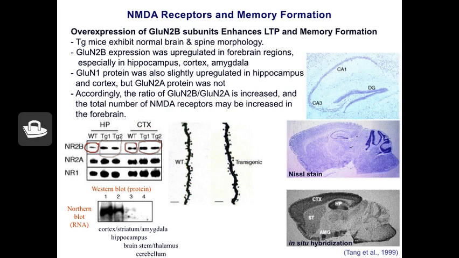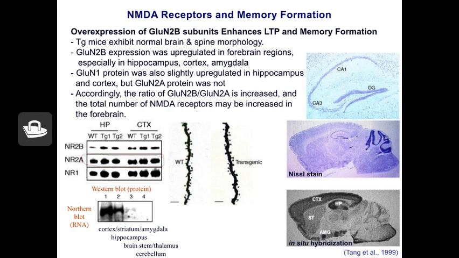The expression of GluN1 subunits also seems to be upregulated in the hippocampus and cortex of the transgenic mice in comparison with the wild-type mice. But the expression of the GluN2A subunits was unchanged, or no differences between the 2 strains of Doogie transgenic mice and the wild-type mice.